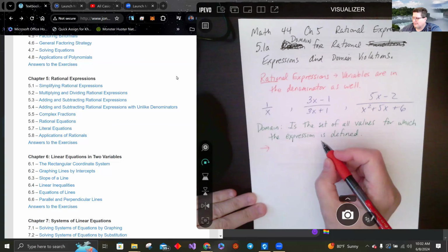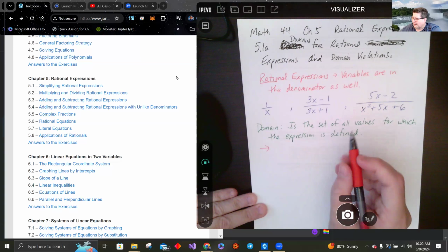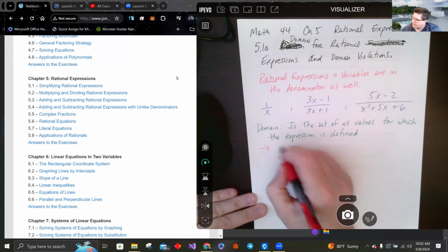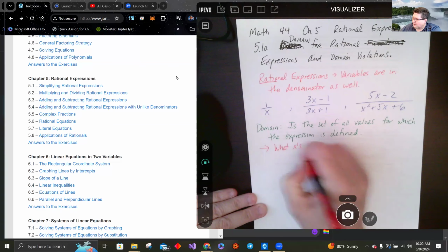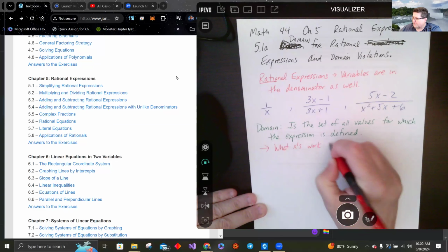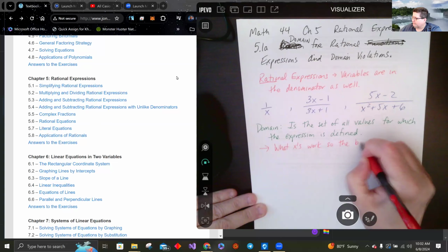Common words: what x's work? So the bottom isn't 0.